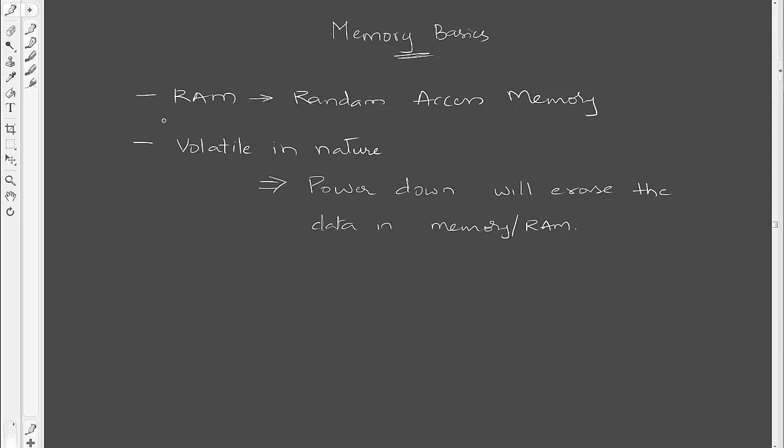Okay, so let's now try to understand some basics around memory. So we have some basics on how a processor works, meaning it's very basic. It takes some instructions, it does something, sends output into the hardware.